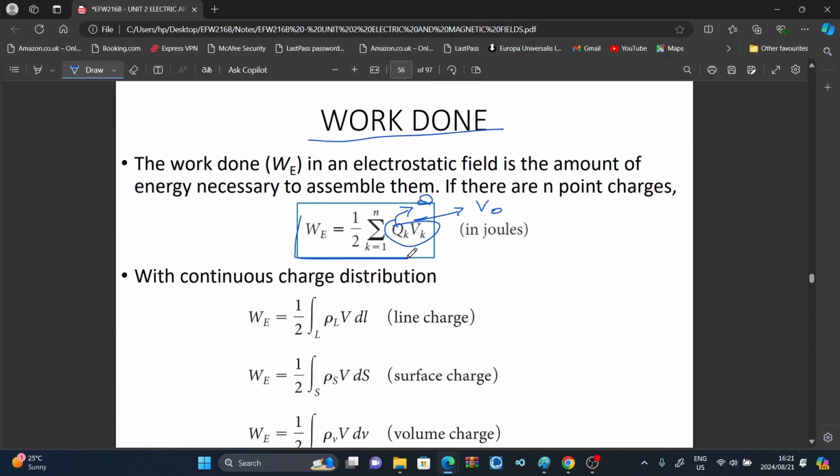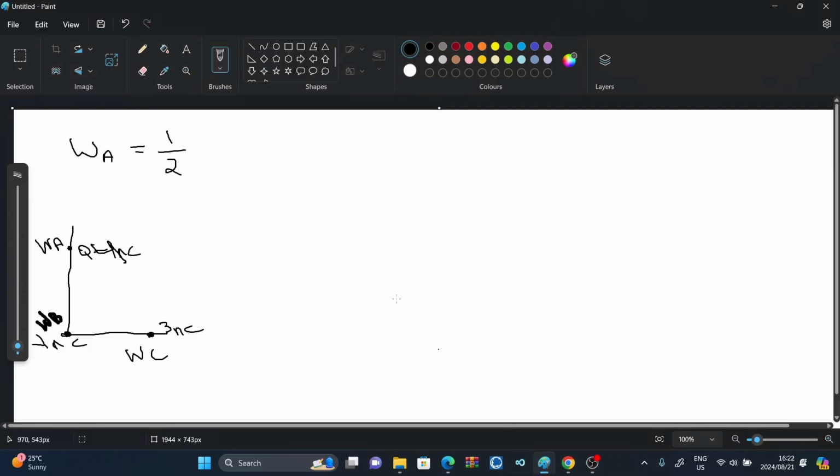So that's where we get the half, and we have number of Q's. How many Q's do we have, right? So our work done at A, let's say 4 nanocoulombs. So we'll also have our Q, 4 nanocoulombs, because we want to see the effect acting on this charge.